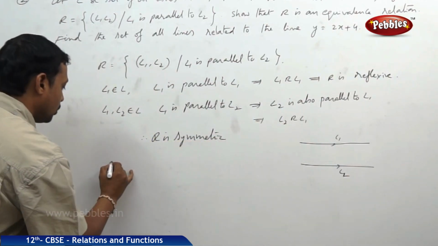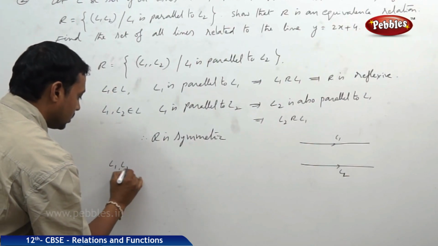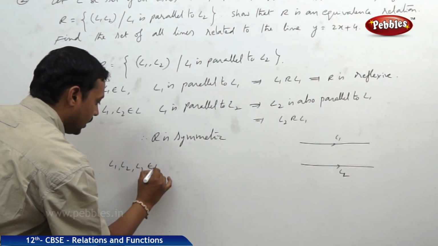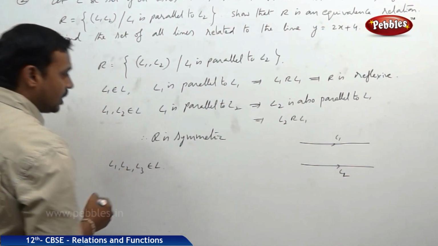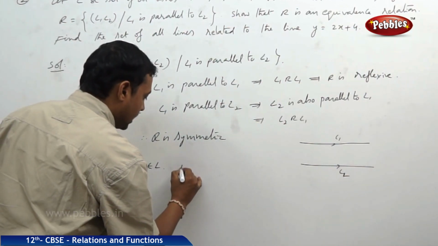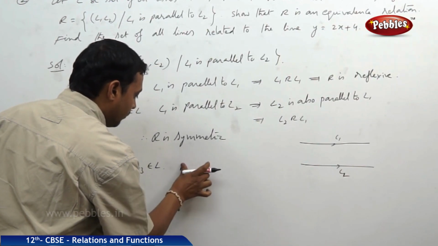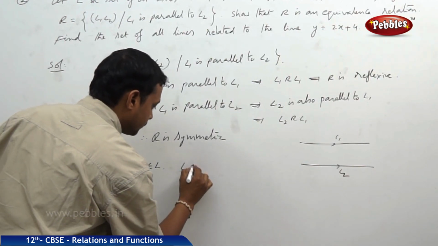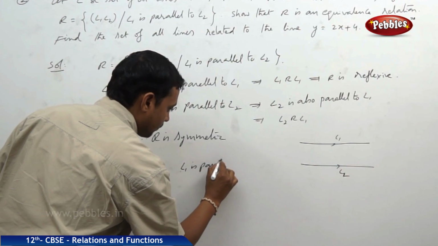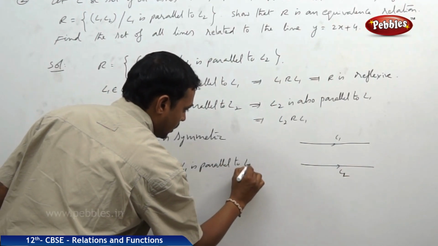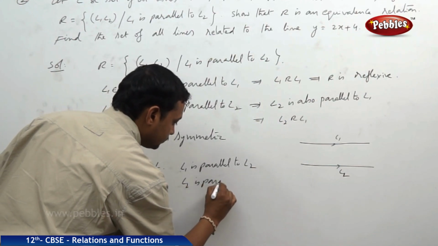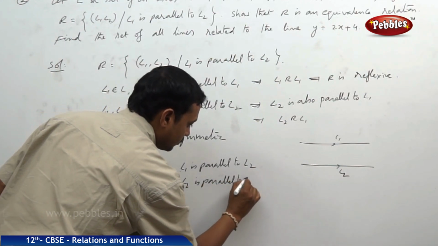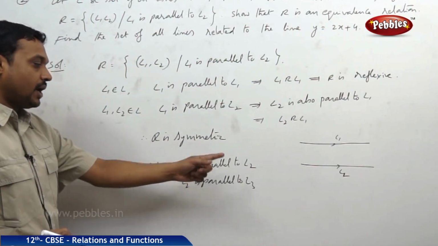Next one. Suppose I take three lines L1, L2, L3 belonging to L, such that L1 is parallel to L2 and L2 is parallel to L3. Now, is L1 parallel to L3?